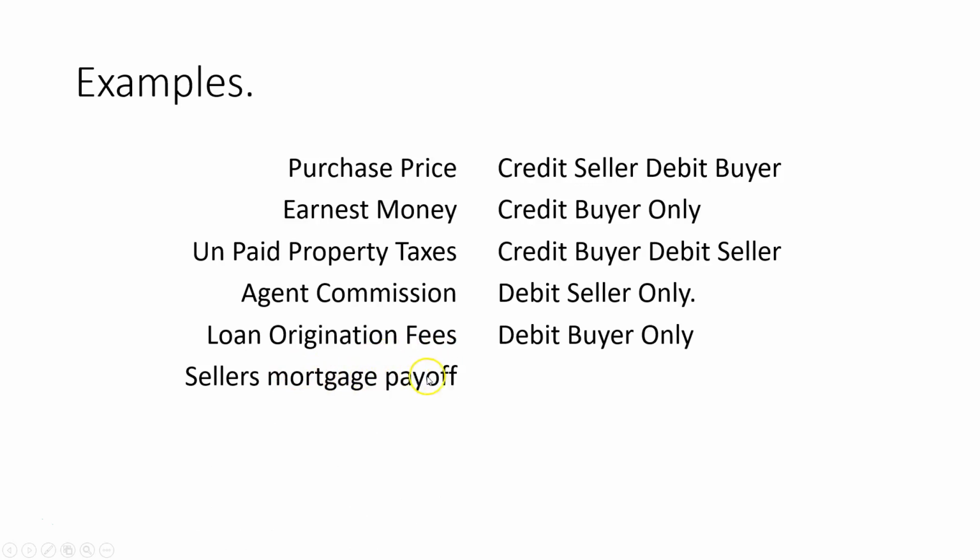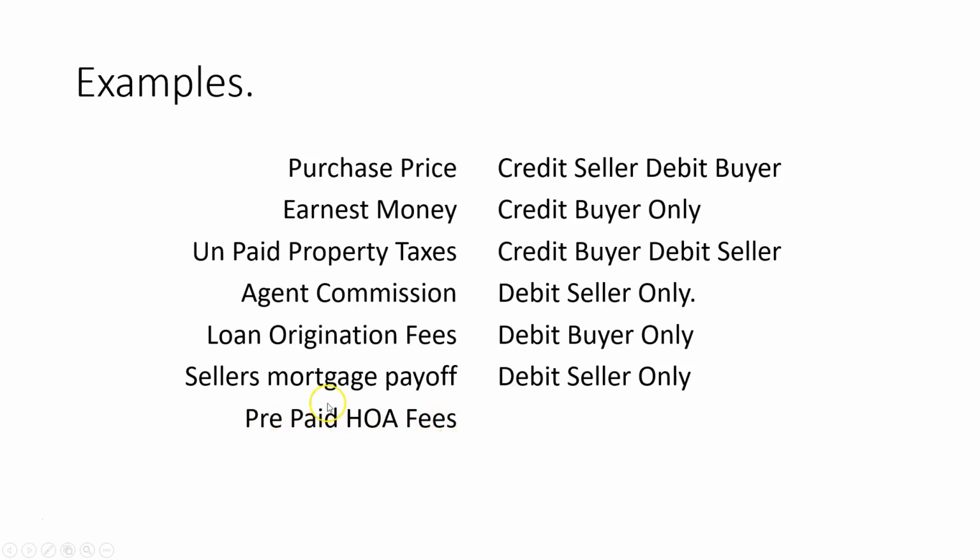Seller's mortgage payoff. Now when the seller's still got an outstanding mortgage, that money has got to go out of the transaction, out of the seller's pocket, over to the original mortgagee, the bank. Therefore, it's going to be debit the seller only. These are tricky, I know. Prepaid HOA fees.